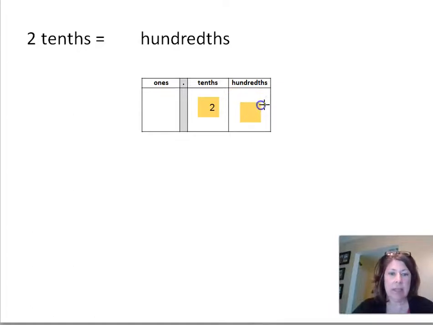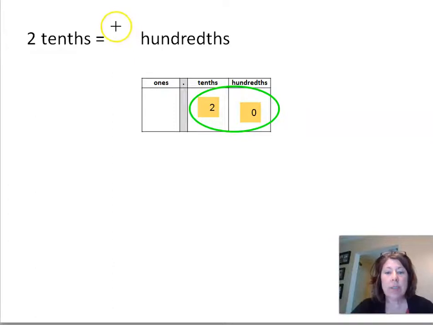Well, I have 0 hundredths. So altogether, I have 20 hundredths. So 2/10 is equal to 20 hundredths.